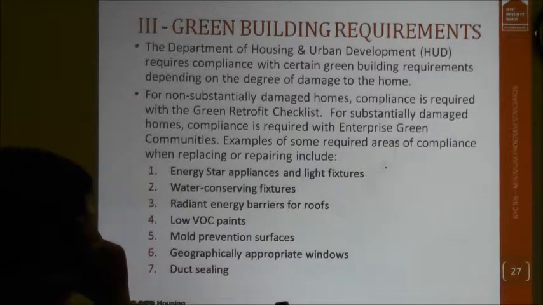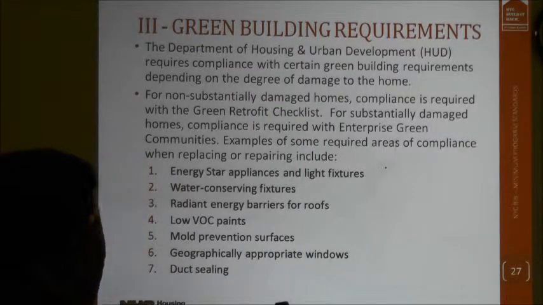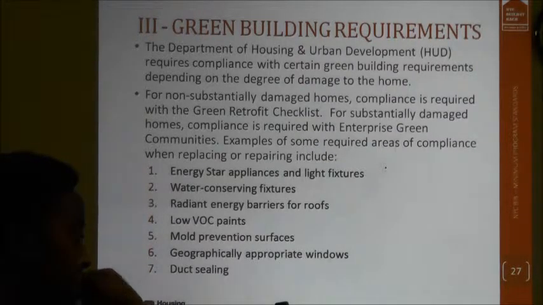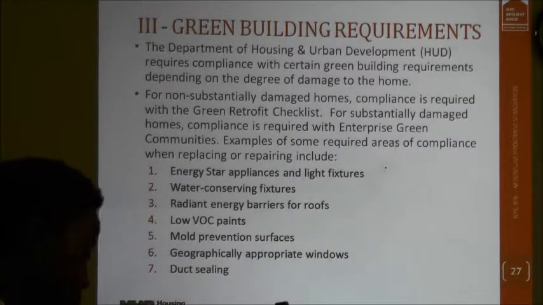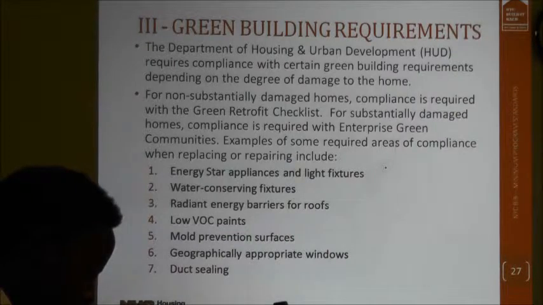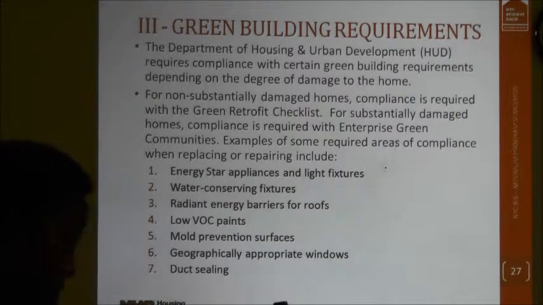Again, briefly, green building requirements. HUD requires us to comply for non-substantially damaged homes with the green building retrofit checklist. For substantially damaged homes, we comply with Enterprise Green Communities, because we're retrofitting to the extent possible. We use Energy Star appliances, we use water conserving fixtures. If we're replacing a roof, we put in radiant energy barriers.